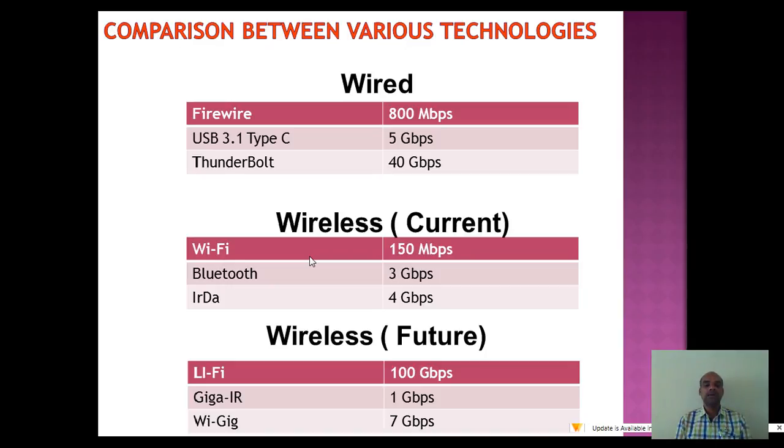The third technology in wired communication is Thunderbolt, a product of Intel, which also has several versions. Versions 1 and 2 have the same connector, while version 3 uses the USB 3.1 Type C connector.